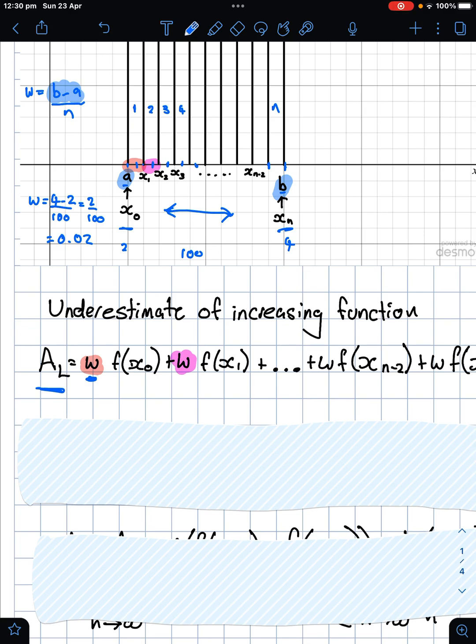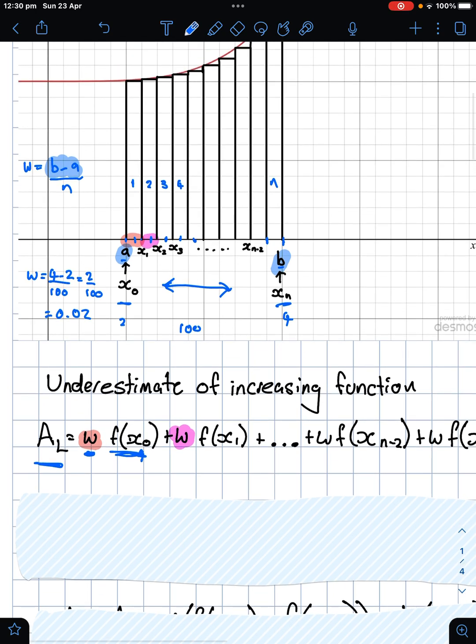Now, this next bit here, I've got this f with an input value of x0. So that means my first value here, x0, I put into my function, I get the length of this side here. Now, you might be thinking, why use x0? The point is that we want to go up to xn.